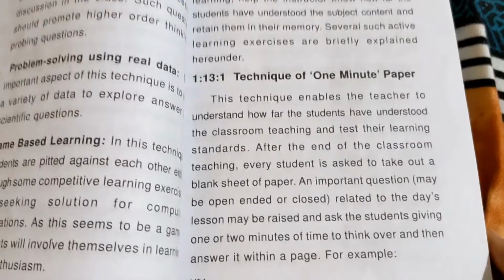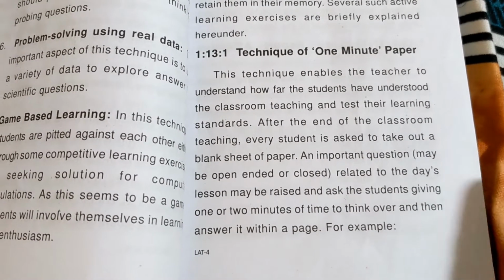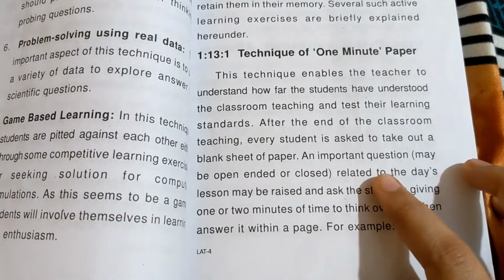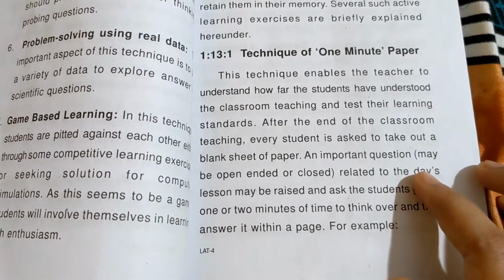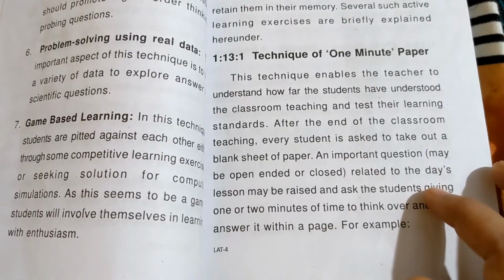So the first technique is the technique of 1 minute paper. In this, the teacher is going to test the knowledge of the student. After taking a session of class, the teacher is going to test how much they have understood in that particular session.